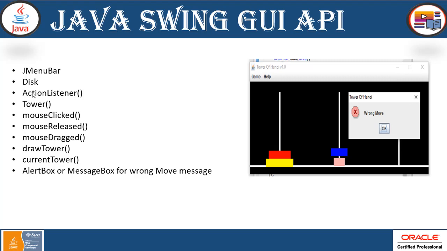The Tower method is basically a constructor. We are going to have a class of Tower, and it has a constructor which contains all the required action listener methods, the actionPerformed method, and other activity we need in the game. Now mouse click, mouse release, and mouse drag are very important because in this game the user is going to drag these disks from one rod to another rod.